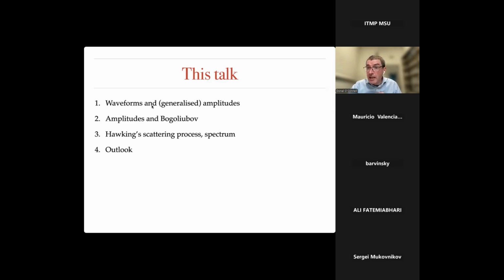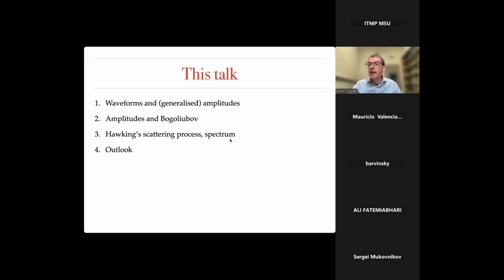So that will all be in the context of classical gravitational waves, but in the second part of my talk, I'll start moving on towards the case I want to discuss today, the Hawking radiation. And I'll begin by connecting amplitudes to Bogoliubov coefficients. These Bogoliubov coefficients have been very successful in their application to Hawking radiation in the past, how Hawking worked himself in his original paper.